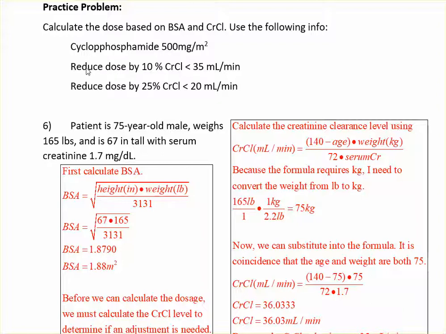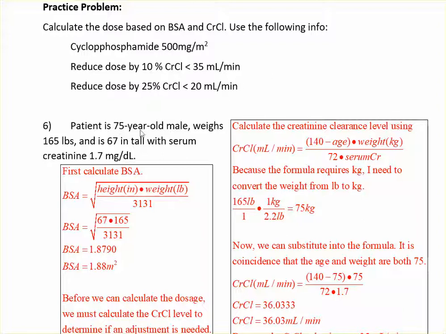Now, if my CRCL level is under 35, that means I'm going to have to reduce my dose by 10%. If it turns out that my CRCL level is below 20, then I'm going to have to reduce the dose by 25%.